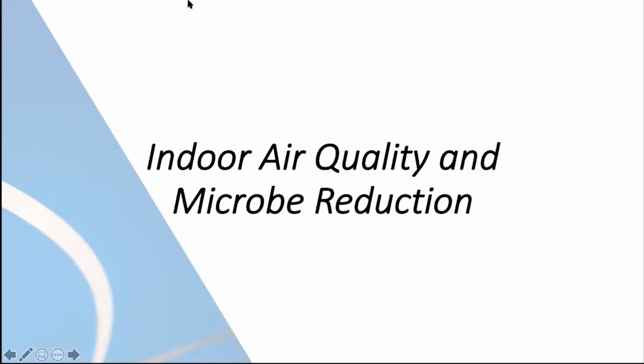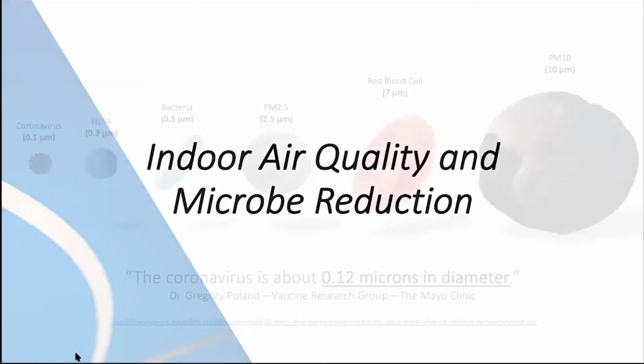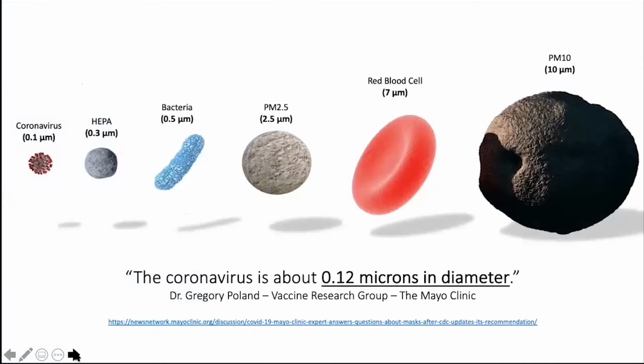So when we talk about indoor air quality and microbe reduction, everything needs to be framed properly. And the framing that we need to talk about is 100% in relation to the problem that we're trying to mitigate. Now, in today's environment with COVID-19, obviously the big concern is the coronavirus.